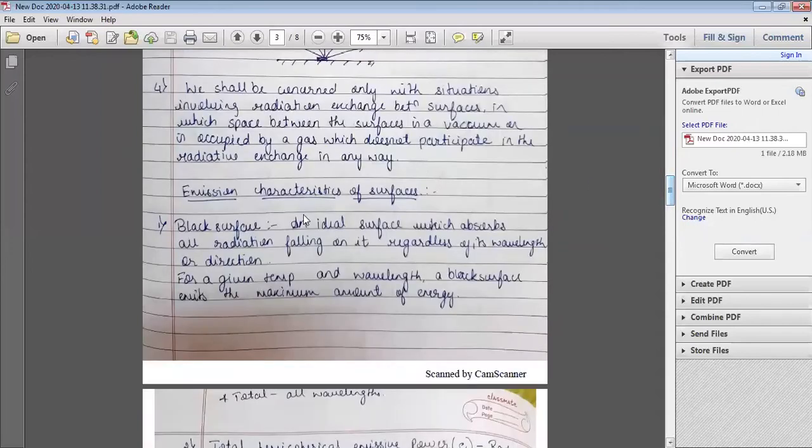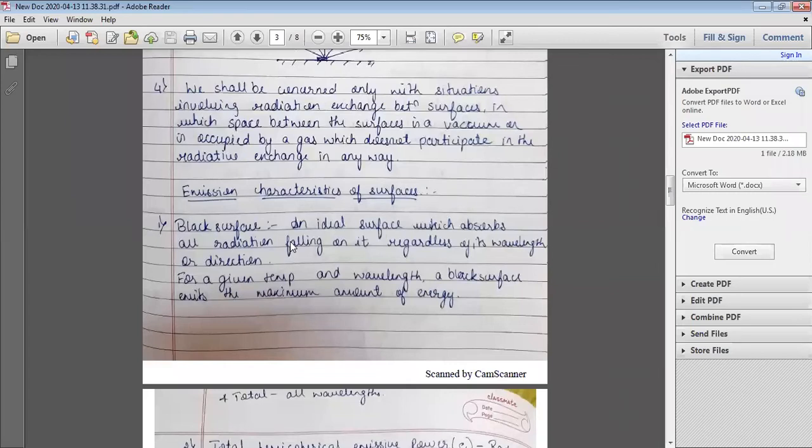So that type of surface we call a black surface. I repeat, it is an ideal surface which absorbs all radiation falling on it regardless of its wavelength or direction.